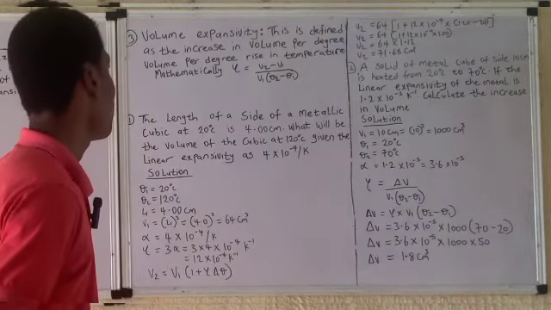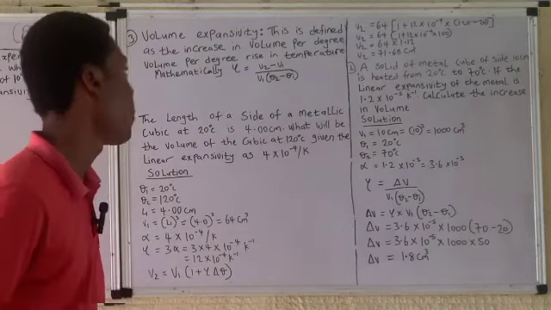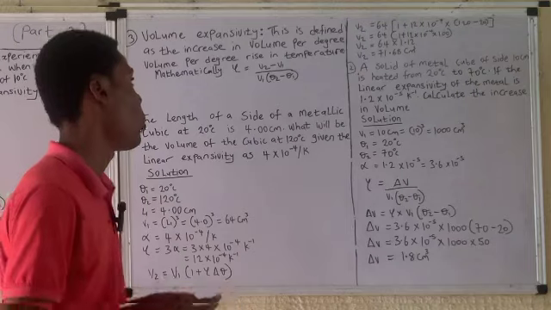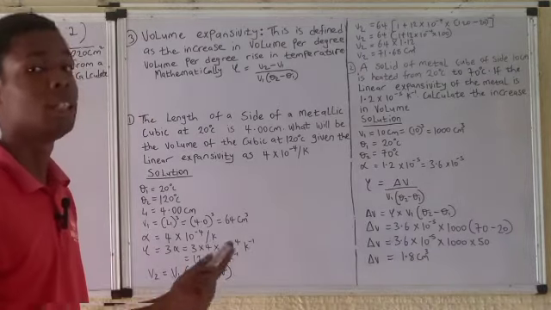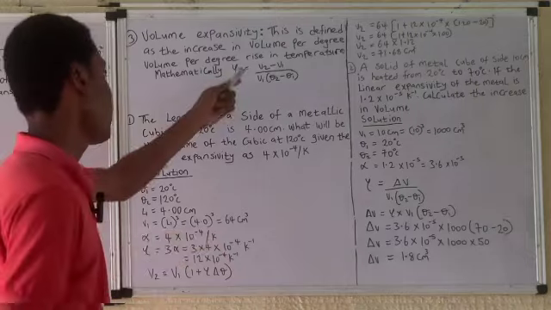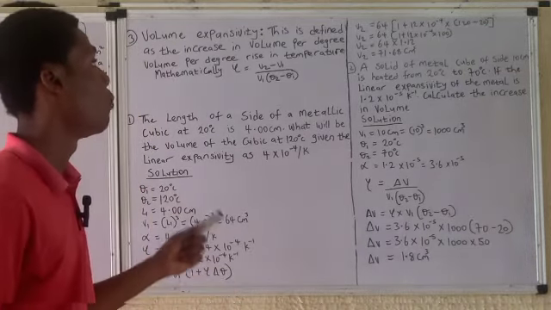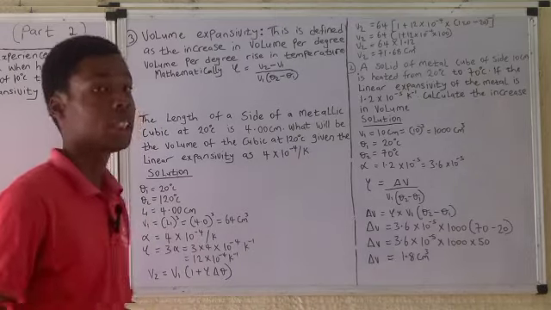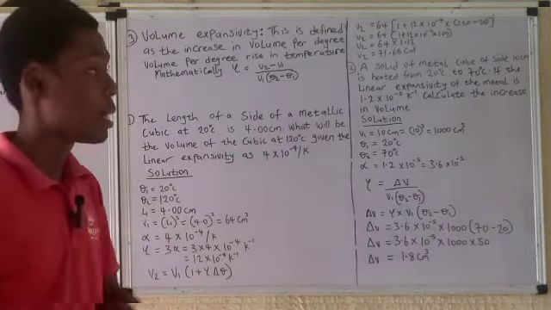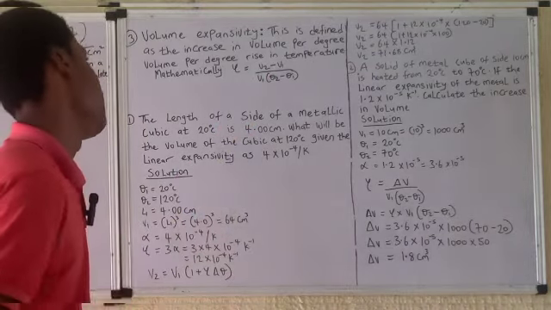Now, our formula: volume expansivity is denoted by the symbol gamma. So our volume expansivity is equal to V2 minus V1, which is the same thing as our change in volume, over V1 in bracket theta 2 minus theta 1, where V2 denotes final volume, V1 denotes our initial volume, while theta 2 is the temperature at V2, and theta 1 is the temperature at V1.